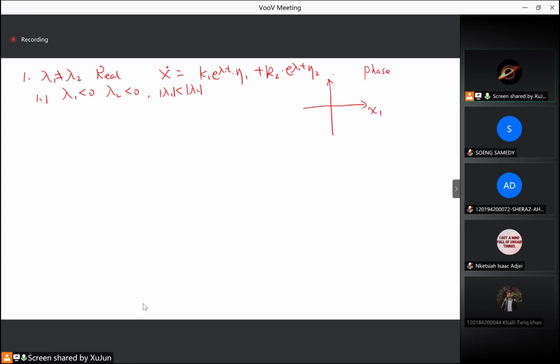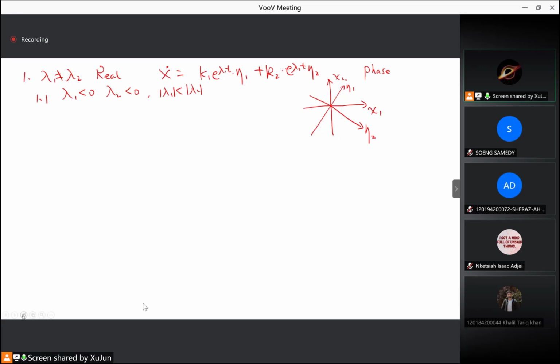This x1, this x2. And we assume this eta 1. Assume this eta 2. Because the absolute value of lambda 1 is smaller than lambda 2.